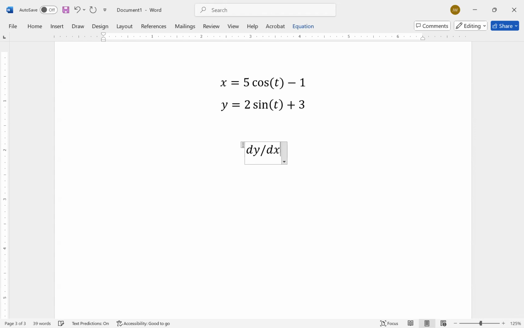All right, first derivative, meaning the derivative of y with respect to x. I always start out by taking the derivative of y with respect to t. That's going to be 2 times the cosine of t. And I divide that by derivative of x with respect to t. That's going to be -5 times the sine of t.